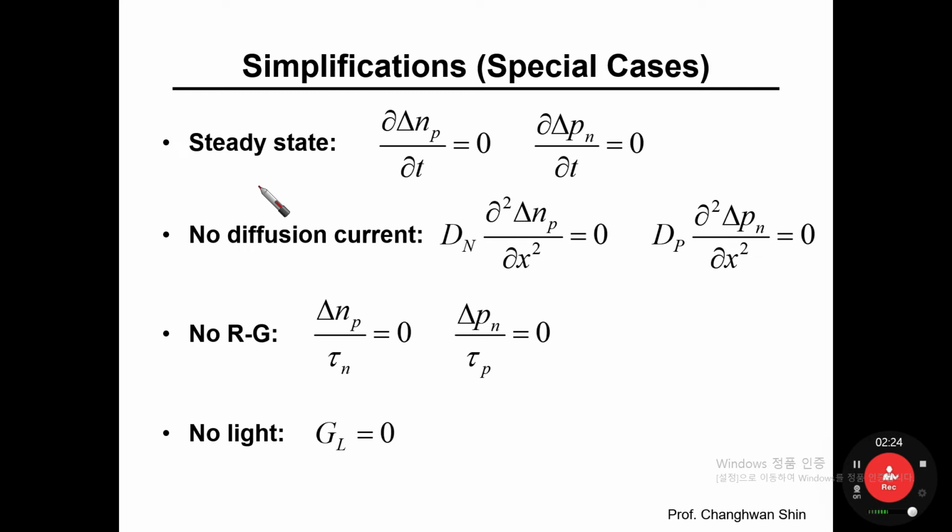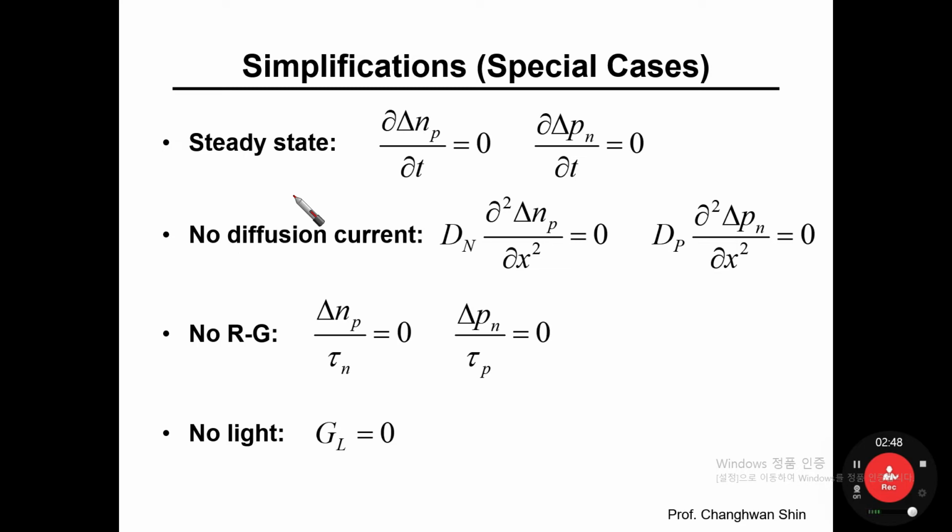Before moving forward, let's take a look at some more simplifications. Previously, we assumed that the electric field is almost zero in the quasi-neutral region of the p-n junction diode, and that the equilibrium electron or hole concentration is independent of x.